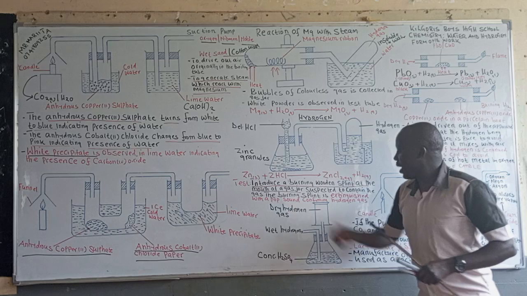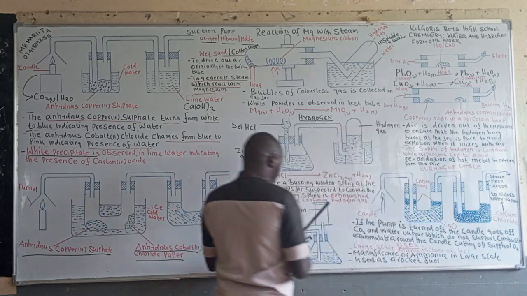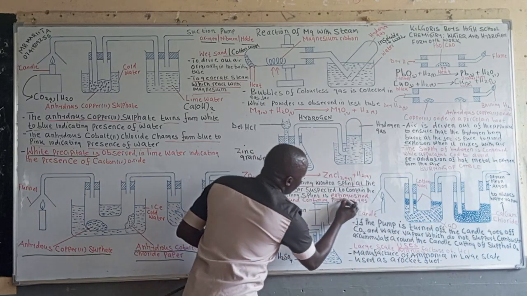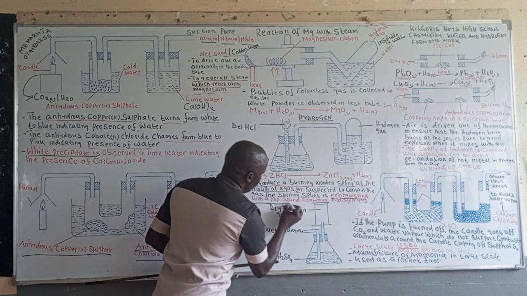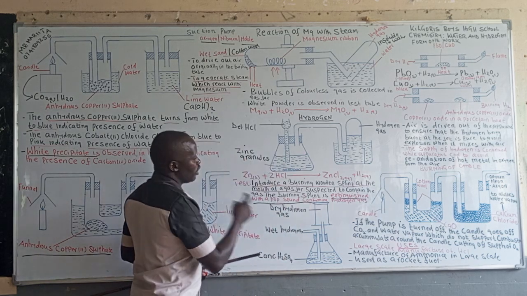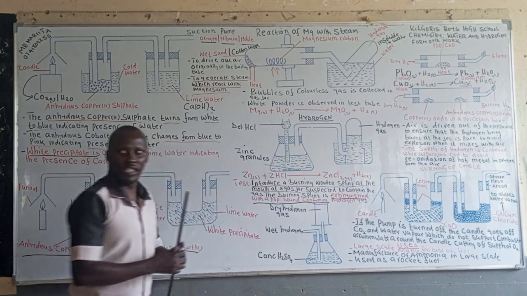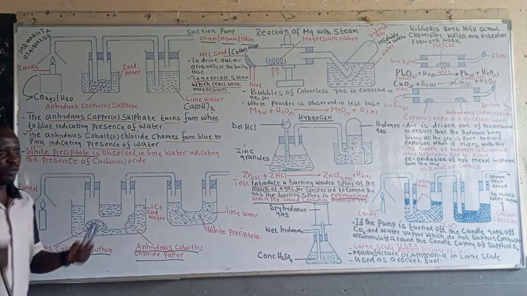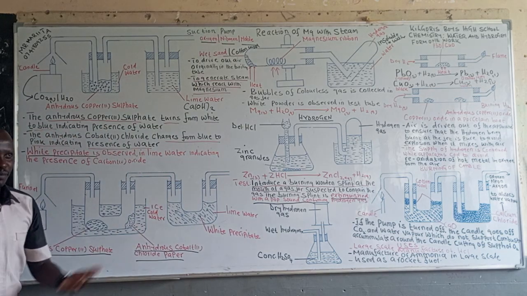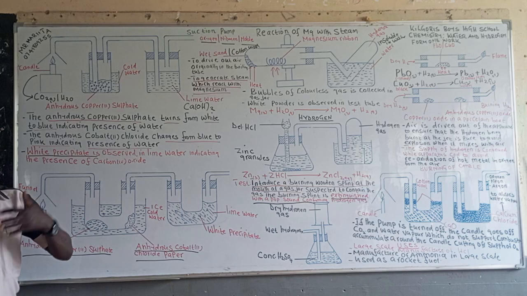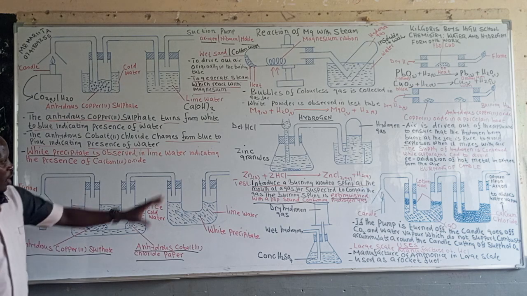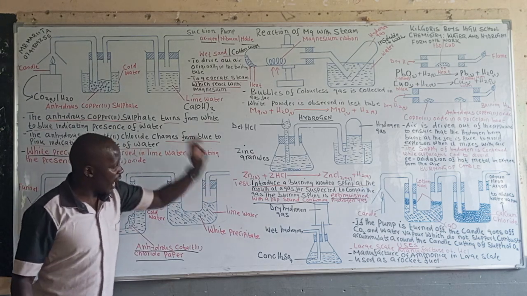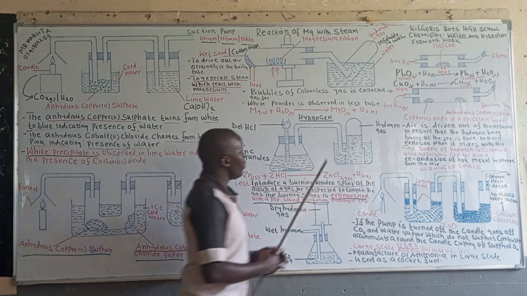What will happen? The burning splint is extinguished with a pop sound, confirming that the gas produced is hydrogen. So that is simply how you can describe a very simple experiment, with very simple steps, on the test for hydrogen gas.